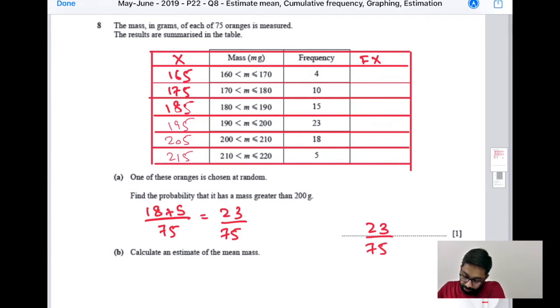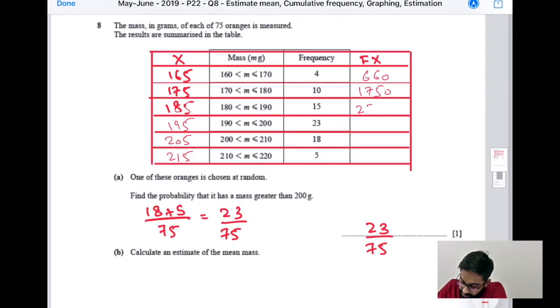Now when you multiply 165 by 4, you get 660. So you write that here. When you multiply 175 by 10, you get 1750. When you multiply 185 by 15, you get 2775.